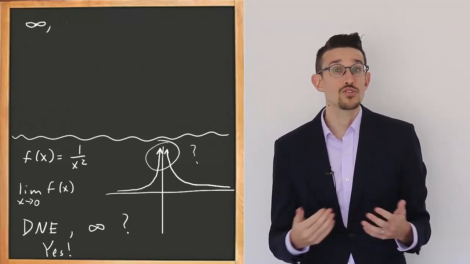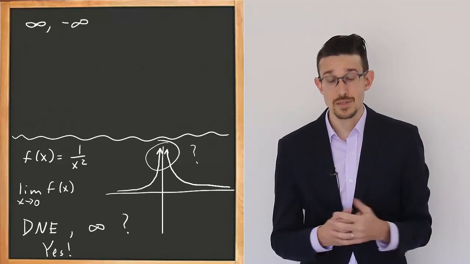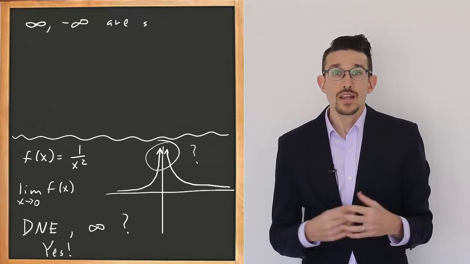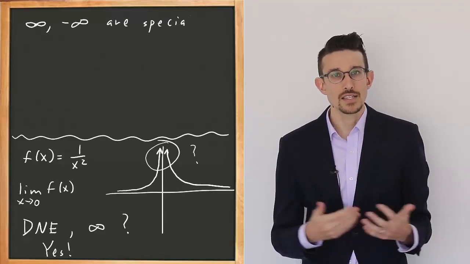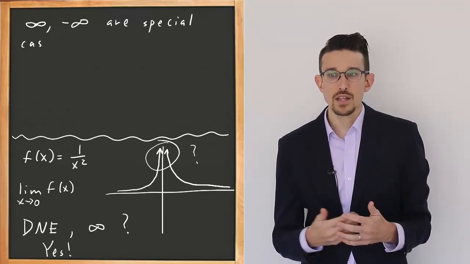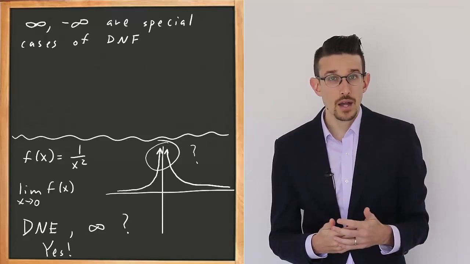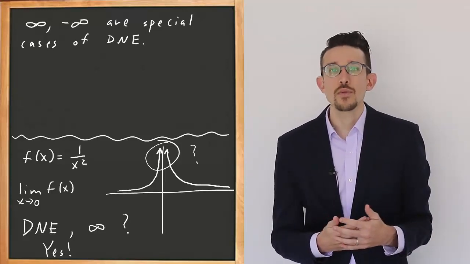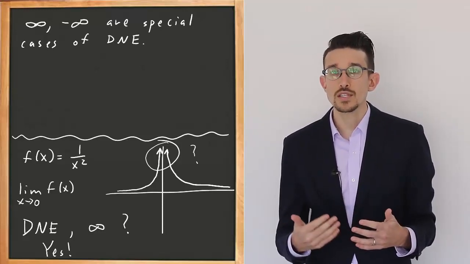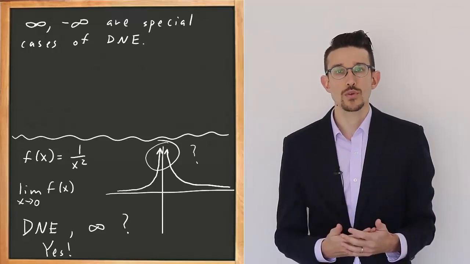However, will you see the answer infinity sometimes? Absolutely. So infinity or negative infinity as an answer to a problem is kind of like a special case of does not exist. The limit does not exist, but we know some extra information. We know that even though it doesn't exist, both sides are going to infinity.